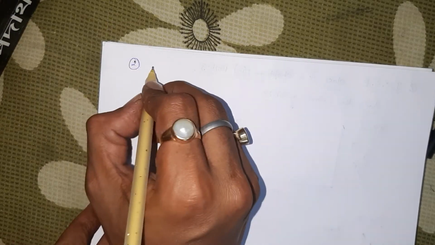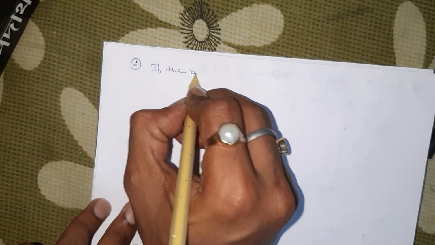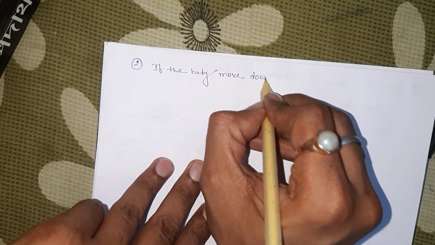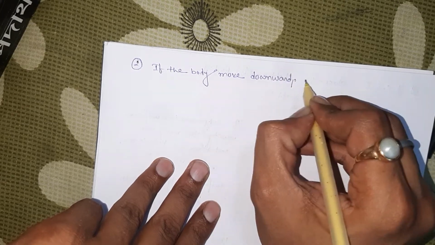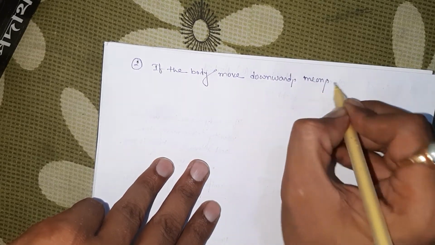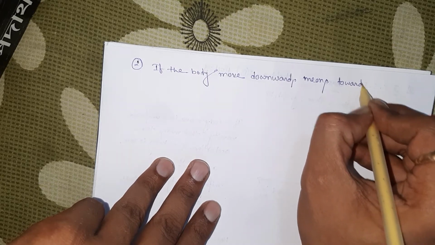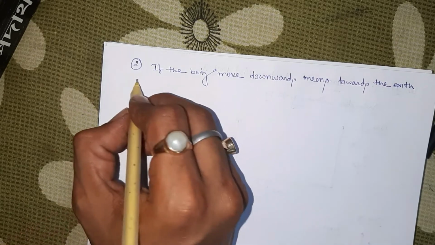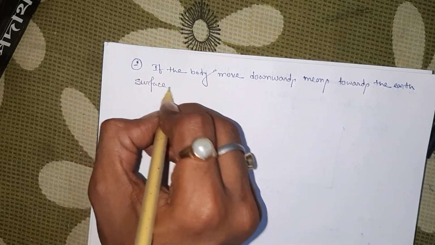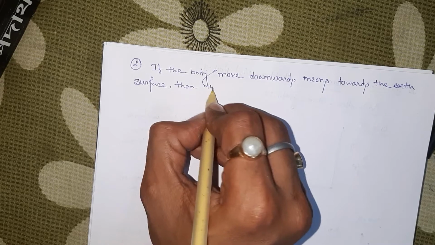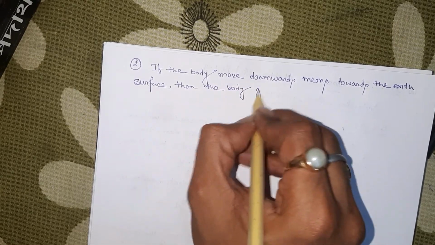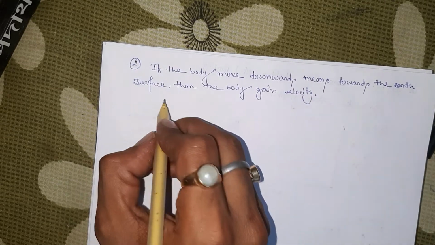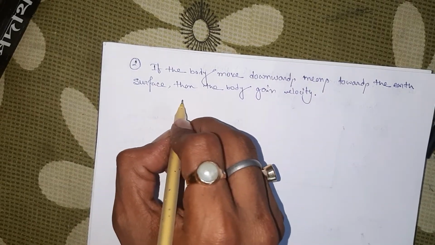Second point, if the body move downwards, means towards the earth's surface, then the body gain velocity. 3.